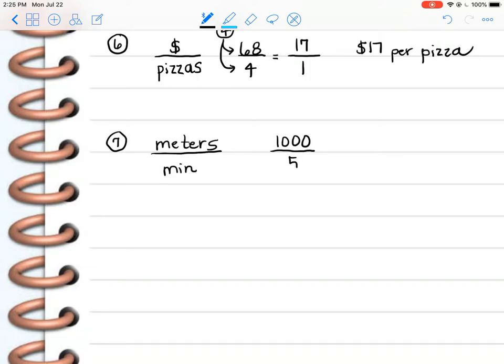And that takes 5 minutes. So let's divide by 5. And that's going to give me a minute on the bottom and 200 meters on the top. So 200 meters per minute. It's not a snail's pace, but it's not the space shuttle either.